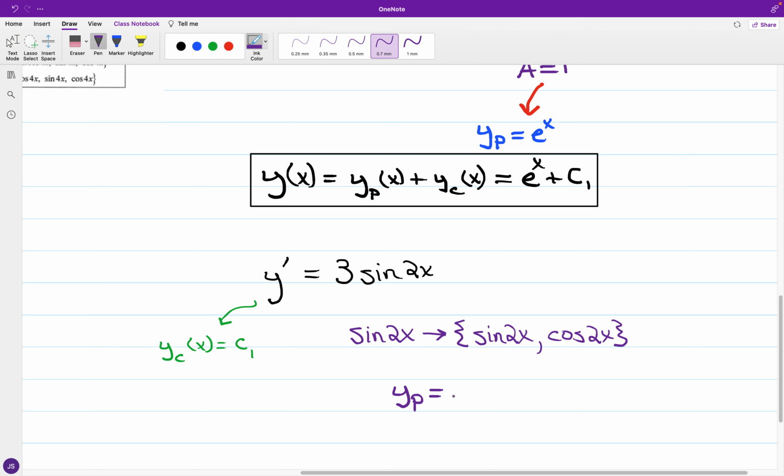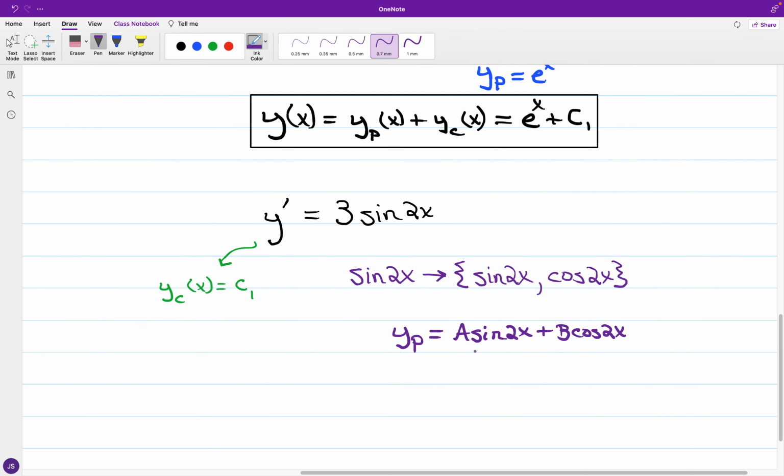And so adopting what we have from the group of elements, namely the term and the derivatives, we can say we have a times the sine of 2x plus b times the cosine of 2x. So this is our general solution setup, and we're looking at solving for a and b.